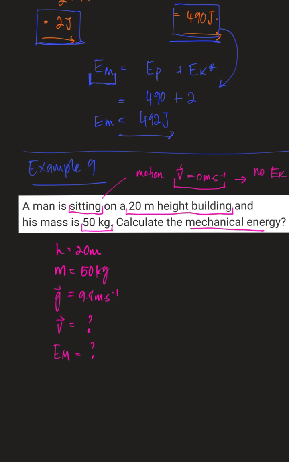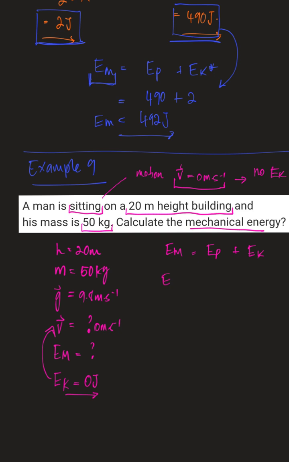So EK has to be equal to 0 joules because the velocity is 0 meters per second. But I can still work out mechanical energy. I can say EM is equal to EP plus EK.